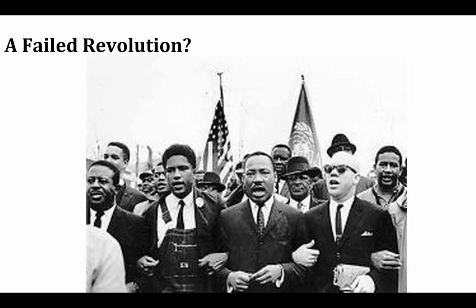And we can look at this and be very pessimistic about Reconstruction and see it as a dark period of American history, and it was. But taking the silver lining out of this period, while that social revolution failed, we need to understand that it laid the groundwork for a future social revolution that did succeed.